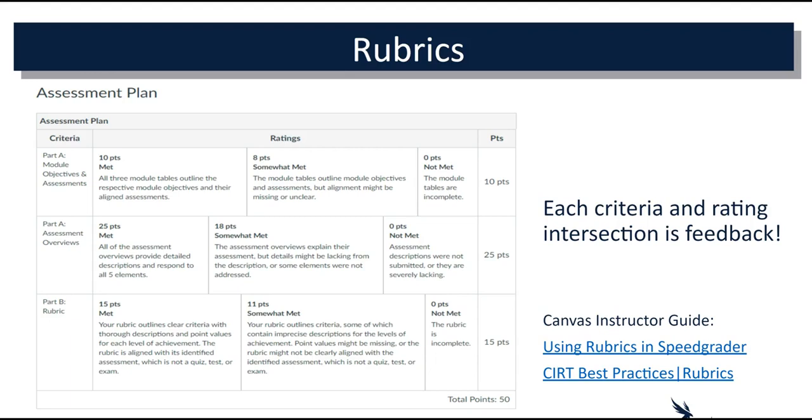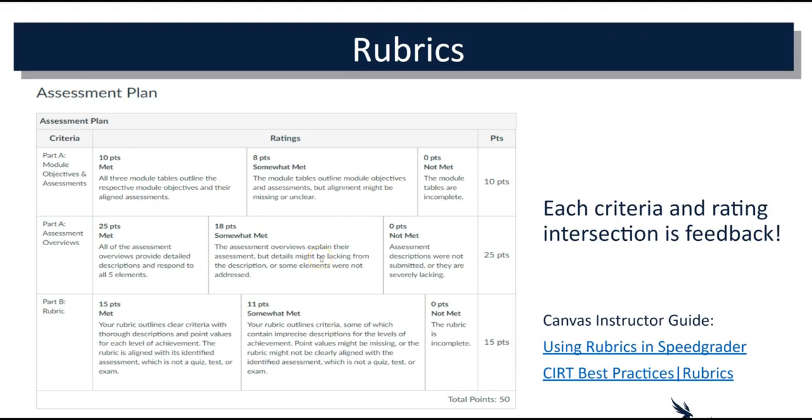Now, to show you how this works, I have a sample rubric on the page, and of course, each of the criteria are here. So what are you looking for? What are you going to grade on? And you have your ratings that go horizontally along the rows. Every point where the criteria and ratings intersect is instant feedback for the student.